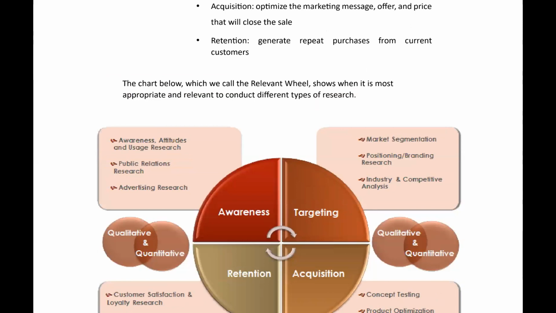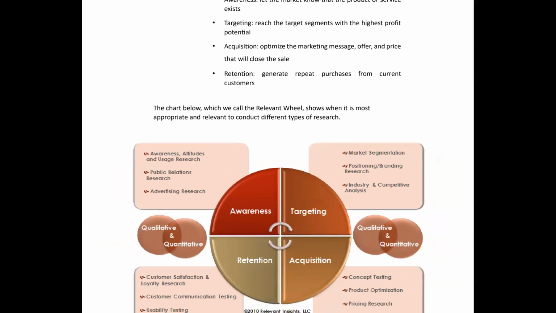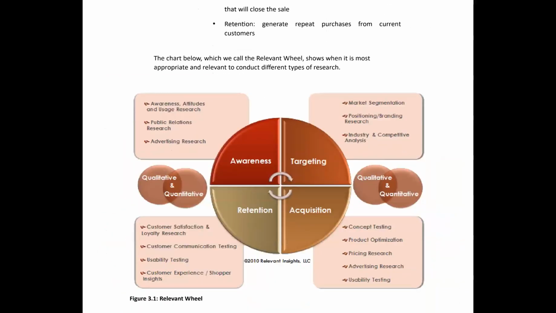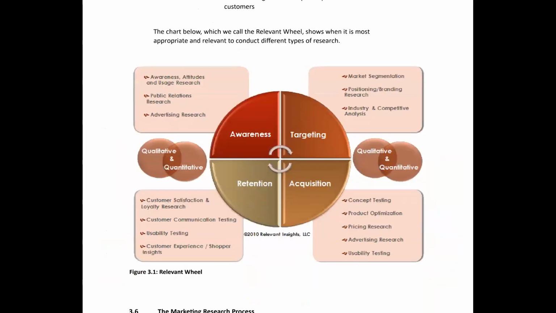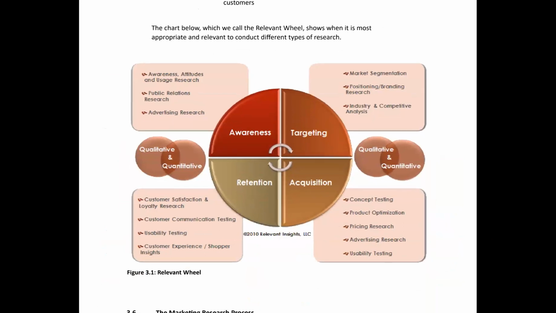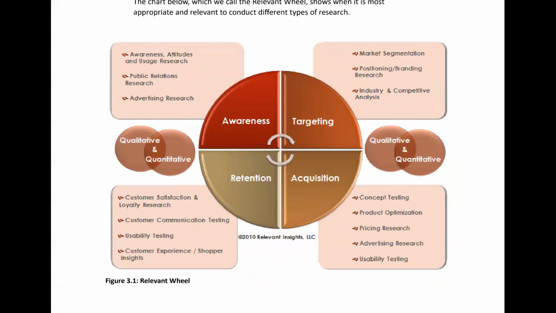You can now see from this chart the relevance wheel, right? The relevance wheel shows us when it is most appropriate and relevant to conduct different types of research. Let me comment on the relevance wheel.